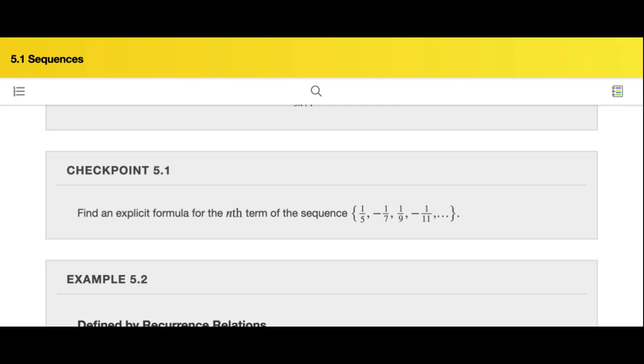We simplify again, 5 minus 2, so we get 2n plus 3. So that's why the nth term equals -1 raised by n plus 1, multiplied by 1 over the denominator 2n plus 3.